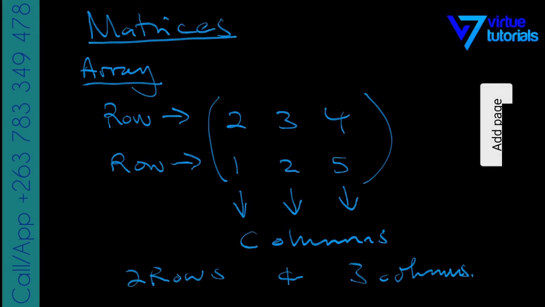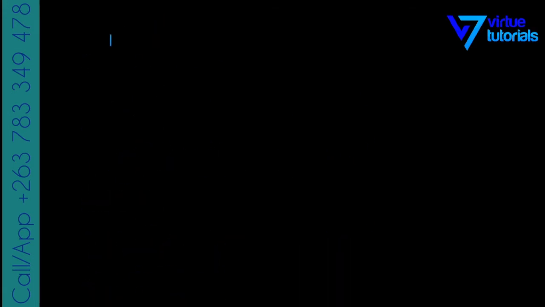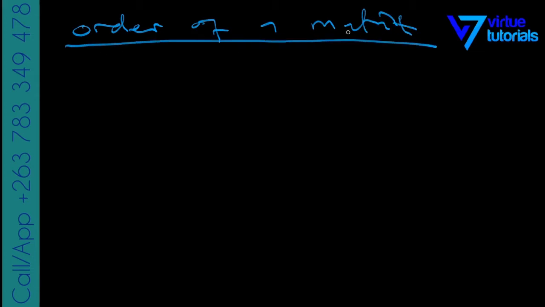This leads us to the next thing we want to talk about, which is the order of a matrix. Sorry for the handwriting there. A matrix has an order. The order is a description of how many rows and how many columns the matrix has.